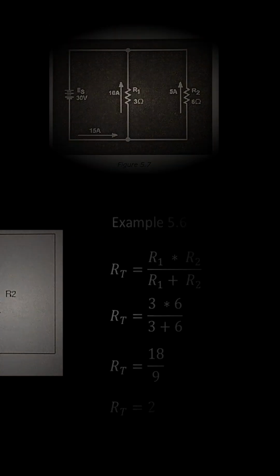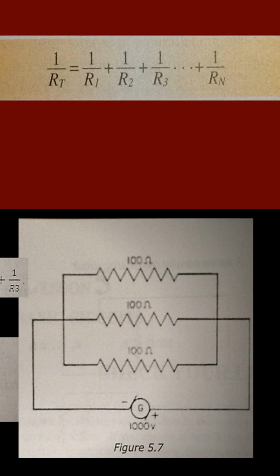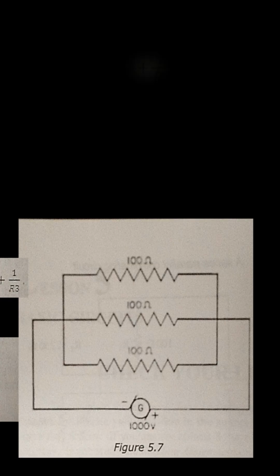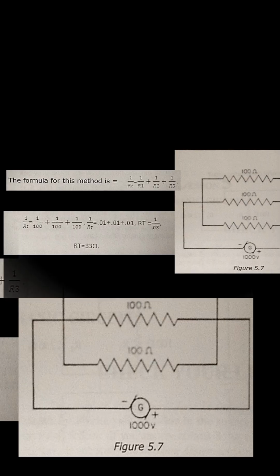The next method we will discuss is the reciprocal method. This method can be used when there are 3 or more resistors connected in parallel, figure 5.7. The formula for this method is 1 divided by RT equals 1 divided by R1 plus 1 divided by R2 plus 1 divided by R3.